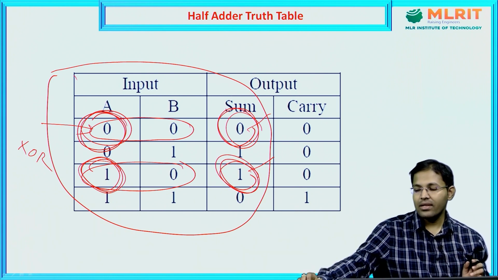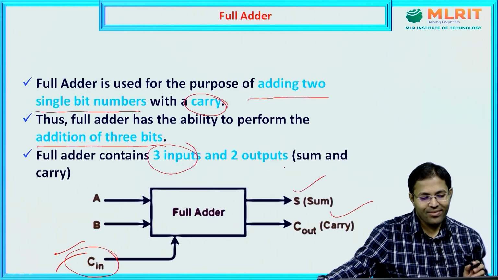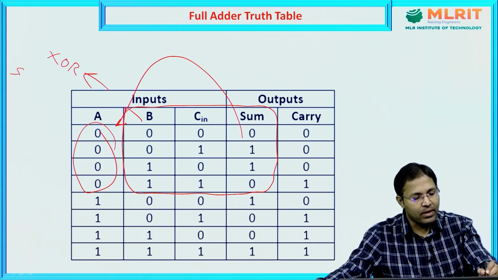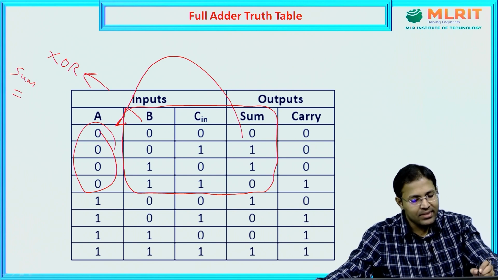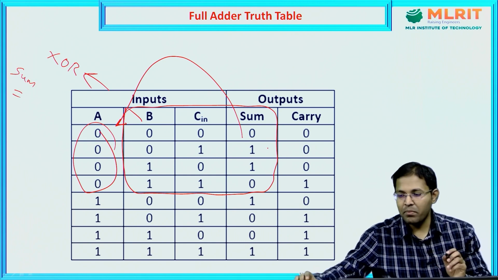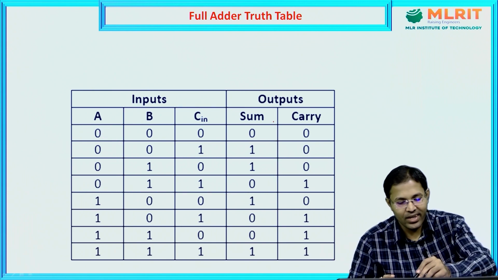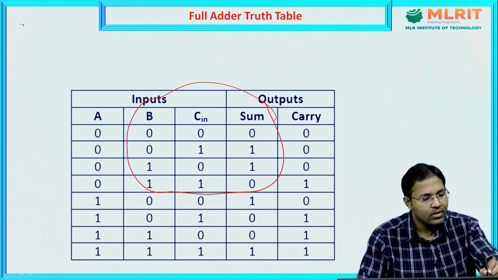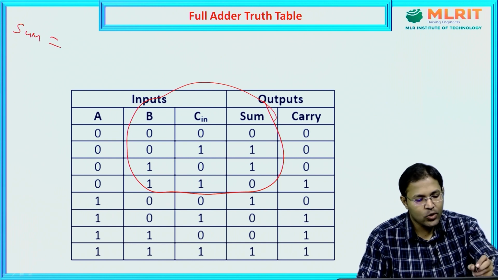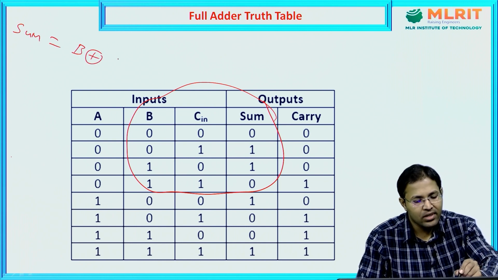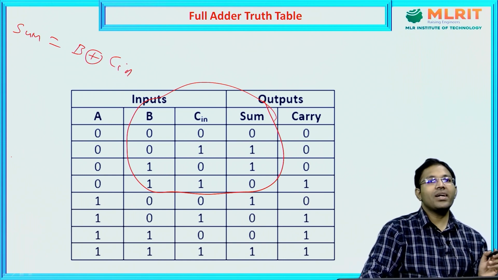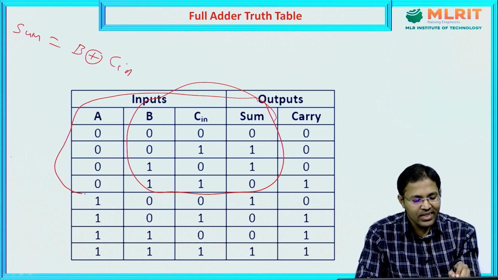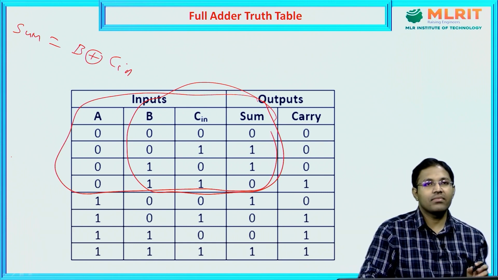Okay. So, based on that, what we can conclude here, from this particular table, is sum is equal to B XOR Cin, but we cannot stop there. We also need to consider the other input, which is A, right?